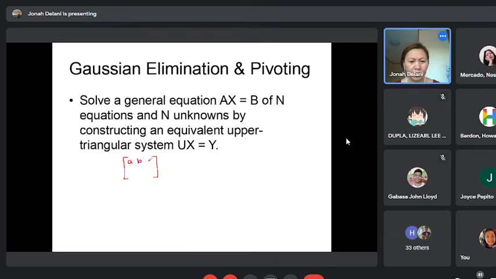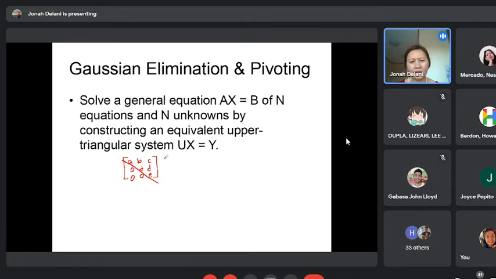Naisod ang upper part, sige, yung tanang pareha sila element. So there is no 0. So notice that this part here has the element. So that is why it is called an upper triangular matrix.